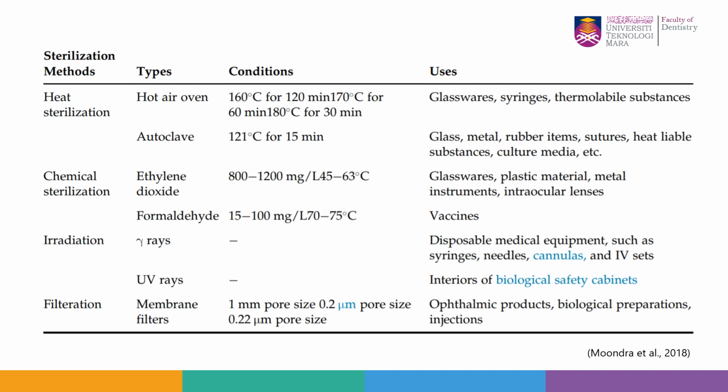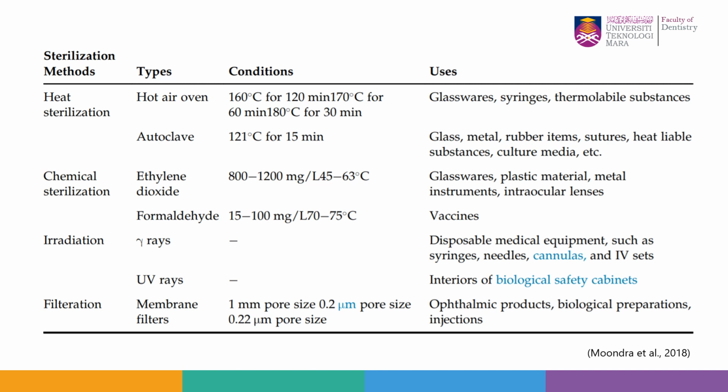The regular temperature that we are using is 121 degrees Celsius for about 15 minutes. Okay, and if you look at the right side, the table says what can be used for that method. It will be glass, metal, rubber items, sutures, heat-labile substances, culture media, and so on.